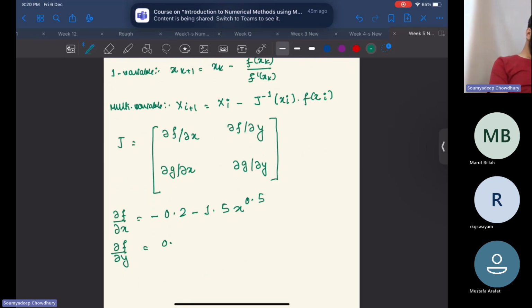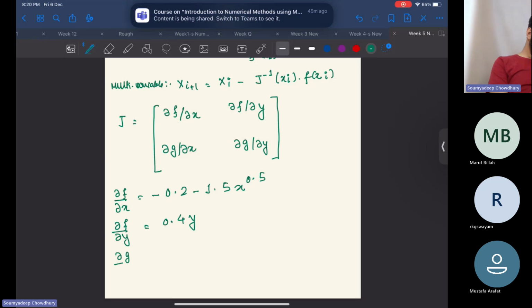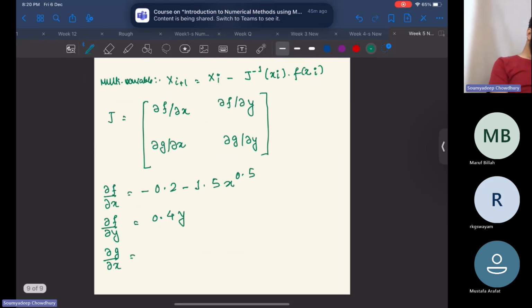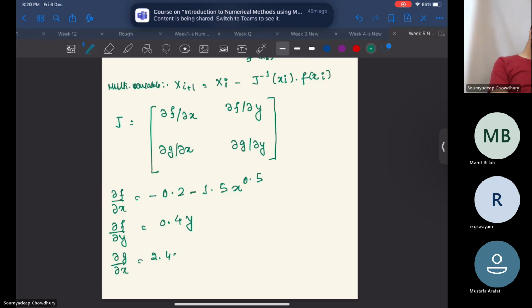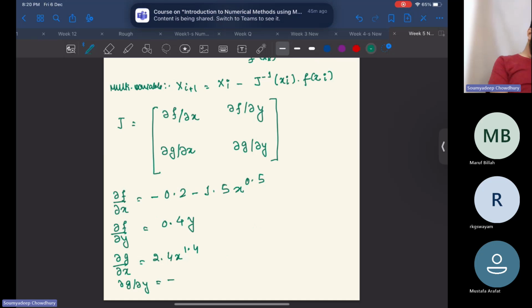It will be dou f by dou y equals 0.4 y. Similarly, if I try to find dou g by dou x, it is 2.4 x power 1.4. Now dou g by dou y is only from the second and the third term, minus 0.1 plus 0.4 y. So you have your dou f by dou x, dou f by dou y, dou g by dou x, dou g by dou y.